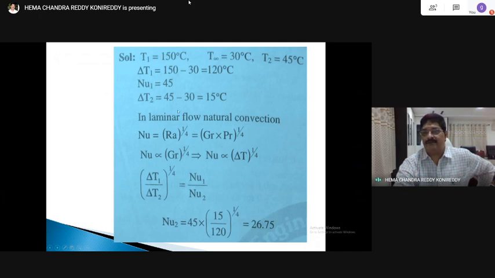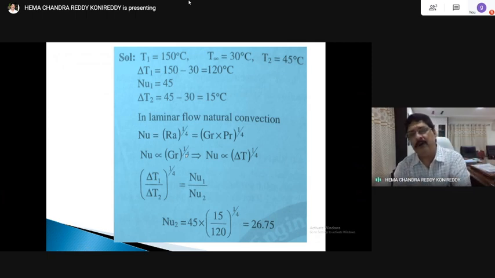In the laminar flow natural convection equation, we take Nusselt number is equal to Ra power 1/4. Nusselt number is directly proportional to Grashof number power 1/4. Here also we have to take the proportion. Nusselt number is proportional to Rayleigh number power 1/4 for laminar flow.